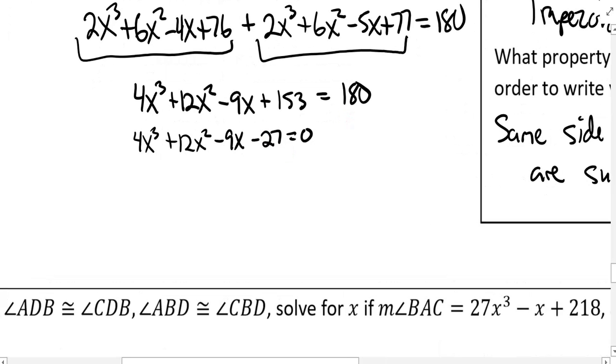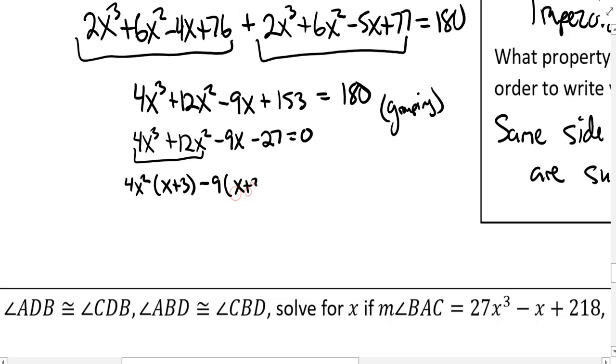Factor by grouping, because we have 4 terms. First GCF is going to be 4x squared, x plus 3 remains, minus 9, x plus 3 remains. These two terms have a common factor of x plus 3.